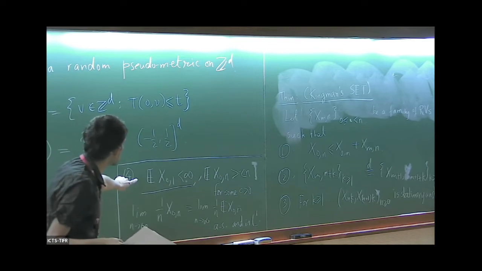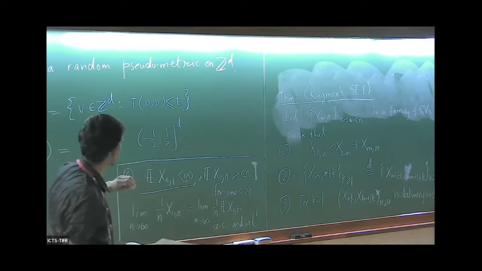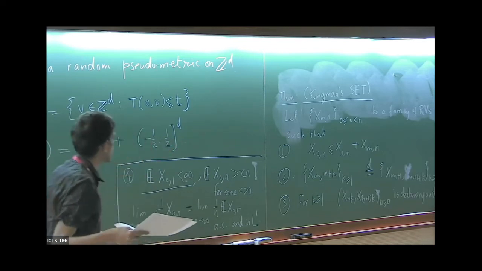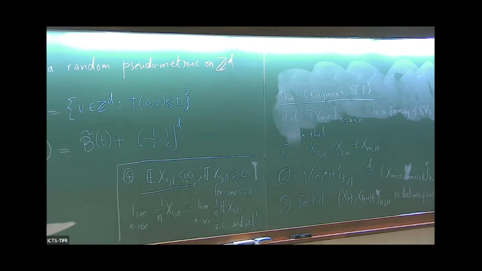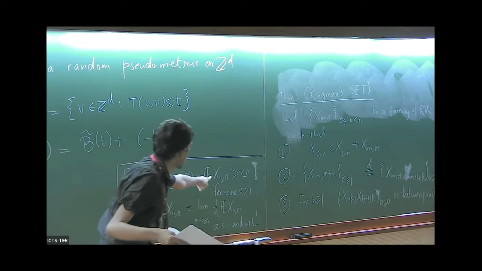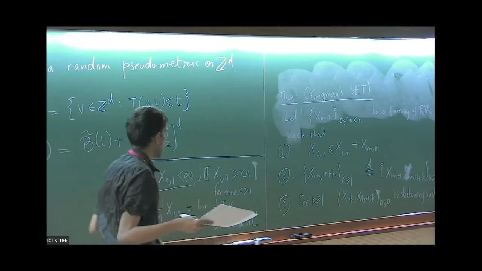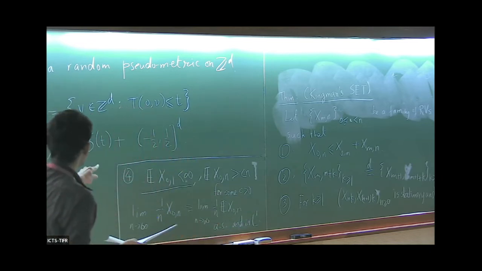So the only one that needs a little bit of work, and where the assumption on y will be used, is this step, that the expectation of x01 is finite. This part is obvious because these are all non-negative random variables. Okay, so we will prove that.